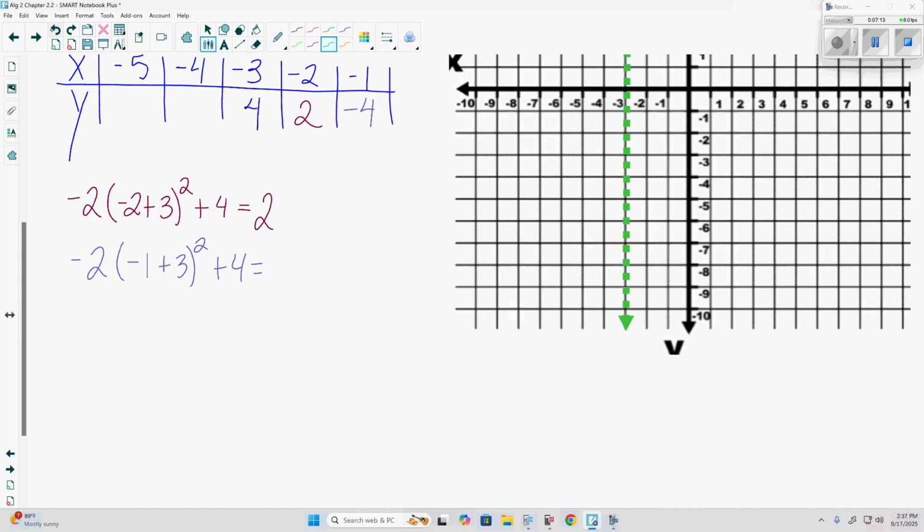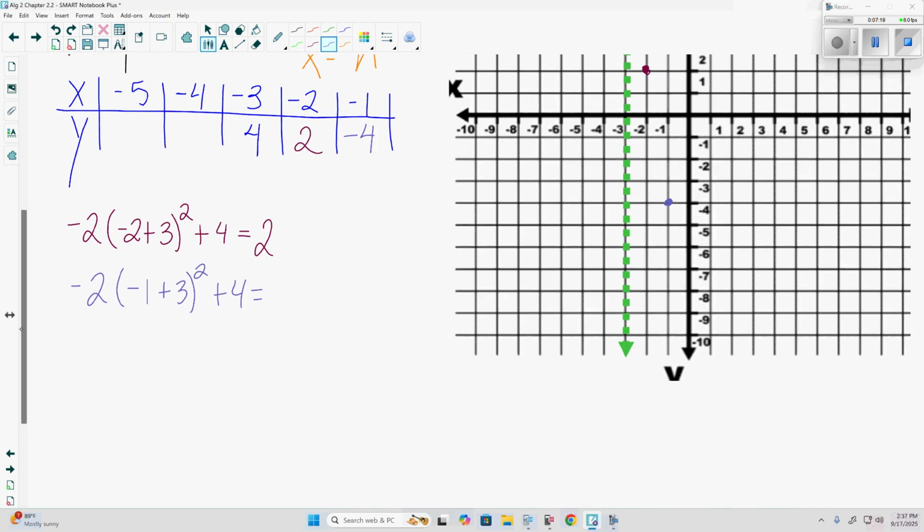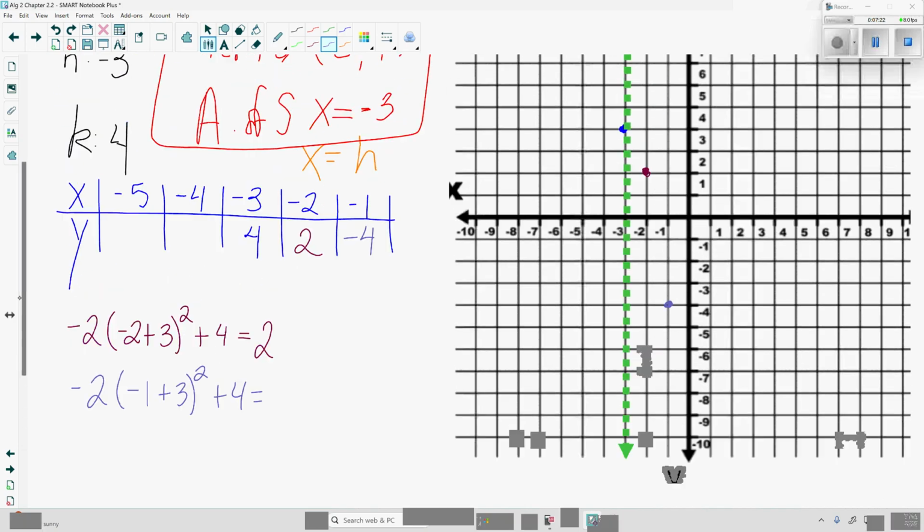Not the right point. So -1, -4 would be our next point on this parabola. So far we've got 3 points. We need the last 2. We need to find the y values for -4 and -5.